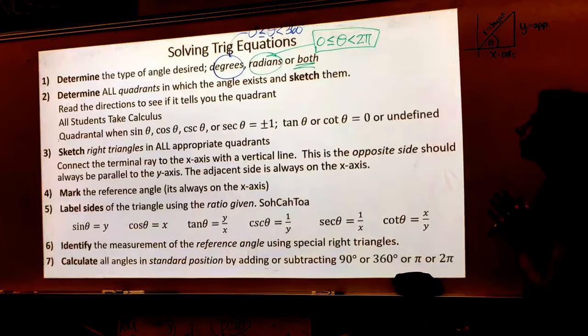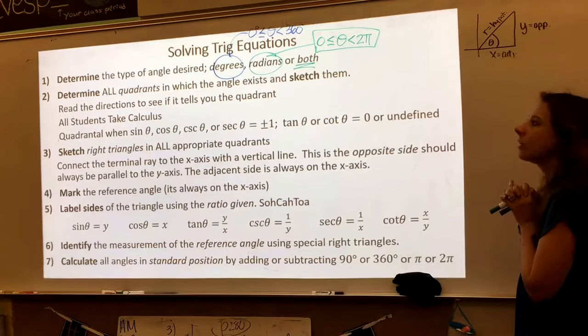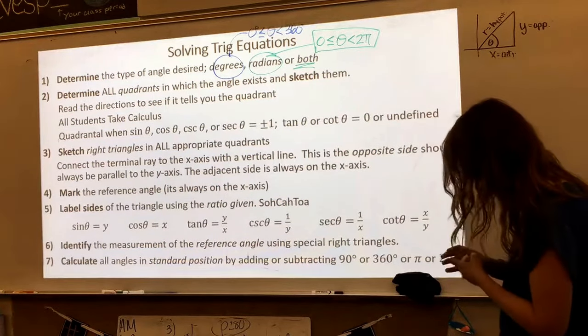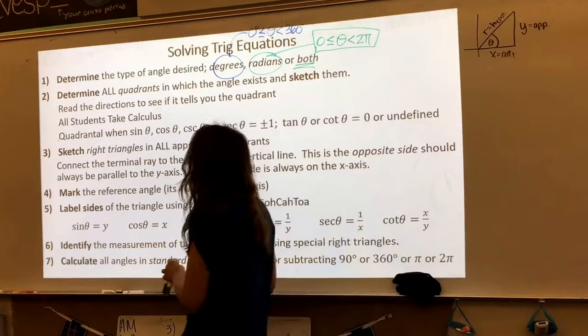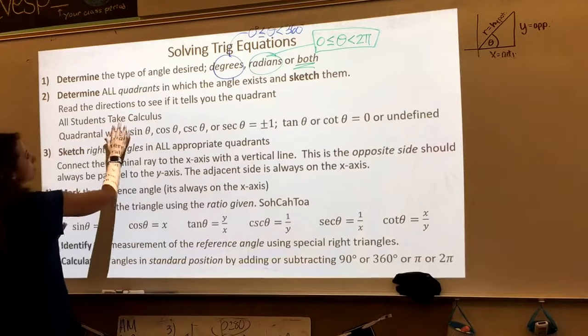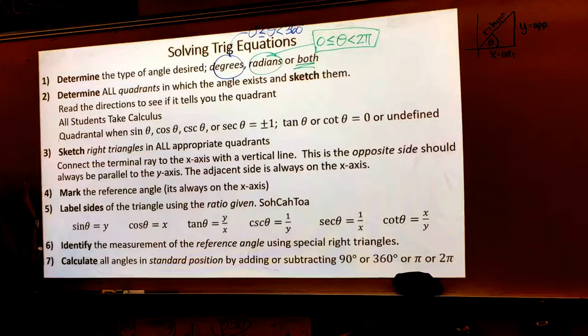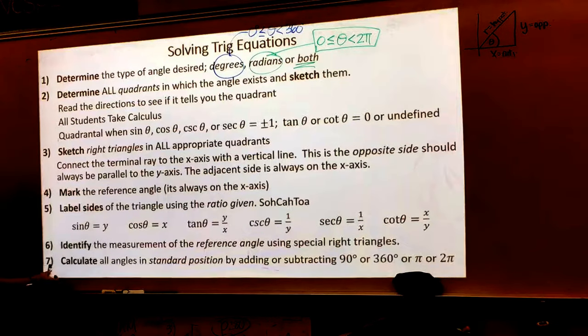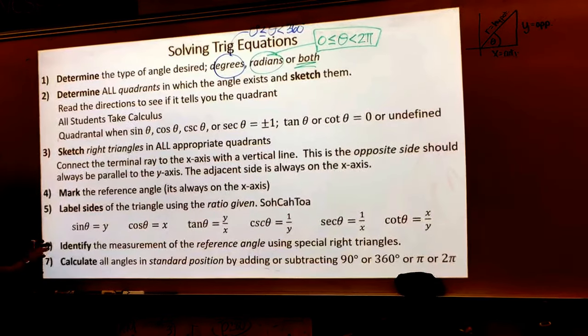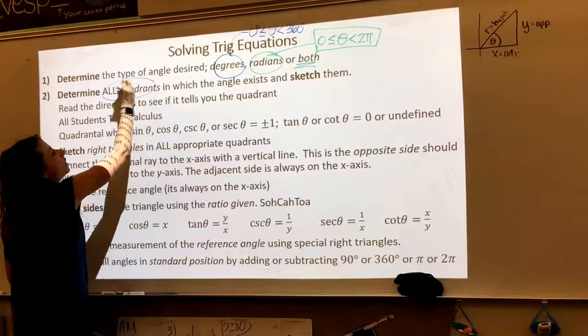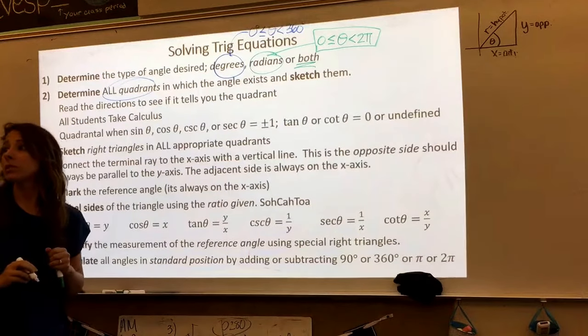So, okay. Determine all angles. Determine all quadrants. Okay? So that's when you might want to use one of those shortcuts, like All Students Take Calculus. Or for me, I always look at it visually. I use SOHCAHTOA and I use that to figure it out. But you need to figure out all the quadrants. It's usually going to be 2.